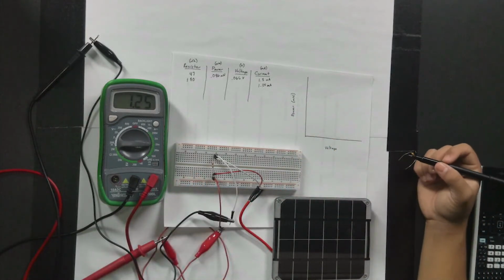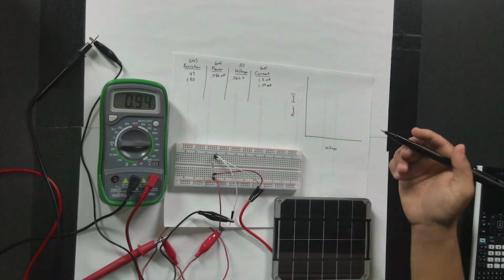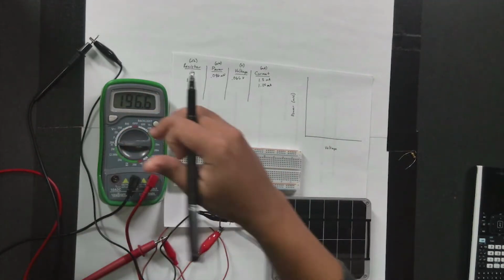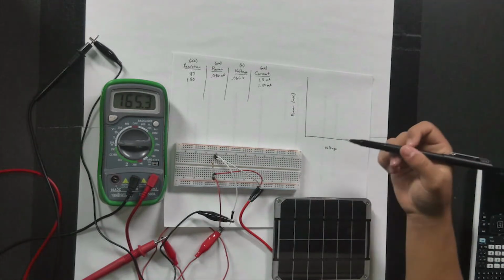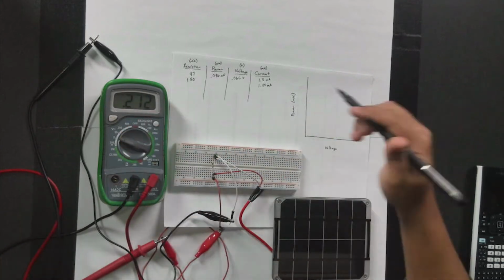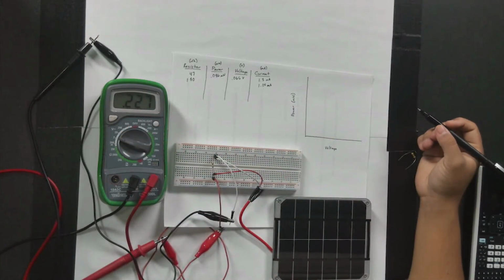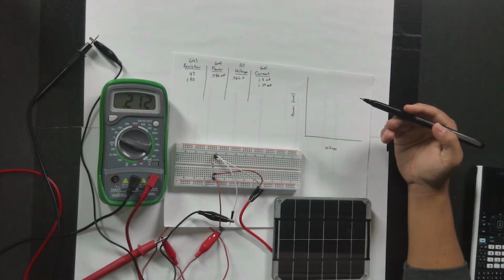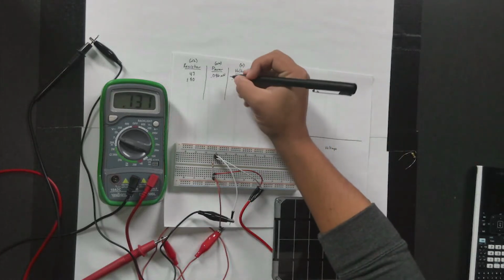And if I move away, I've got to move this back to voltage. As we can see, we're getting something that's greater than 200 millivolts, somewhere around 0.22 volts.